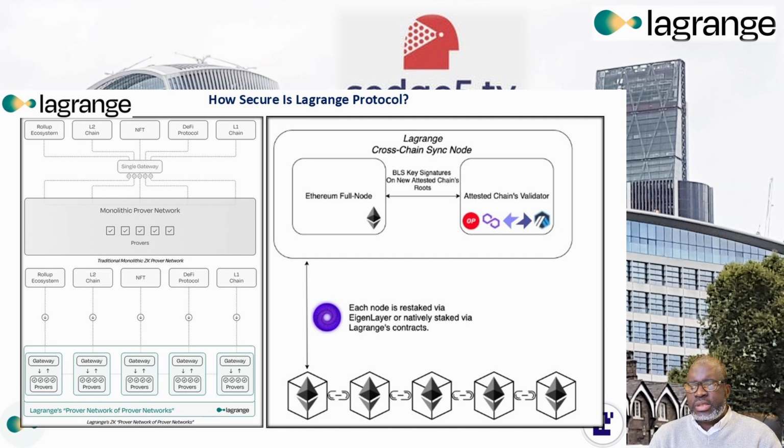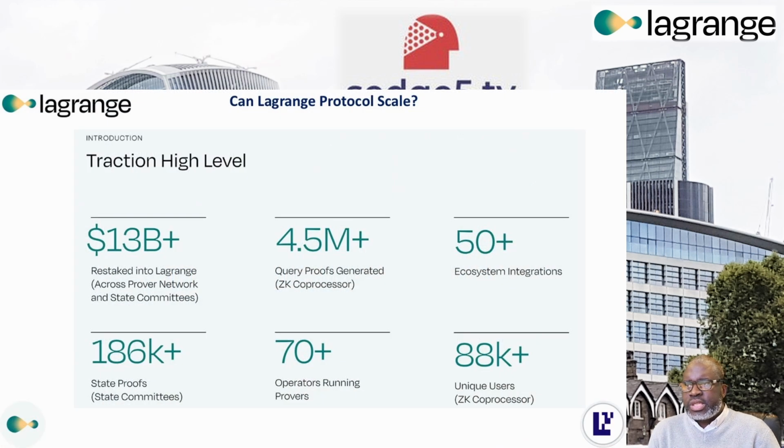Moving on to scalability and interoperability, Lagrange's architecture is designed to scale and interoperate across multiple blockchain networks. The ZK core processor enables off-chain computation, reducing on-chain load and improving scalability. Lagrange's state proofs allow for non-interactive and aggregatable verifications of cross-chain states.